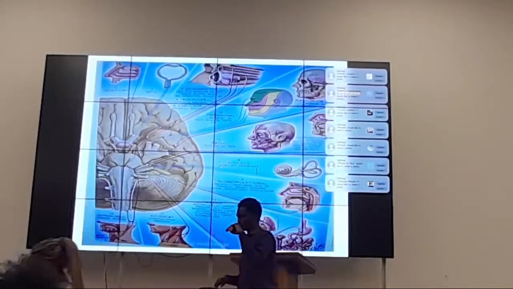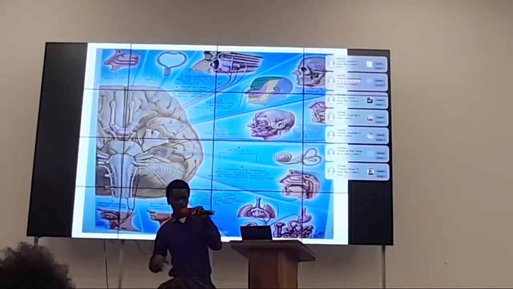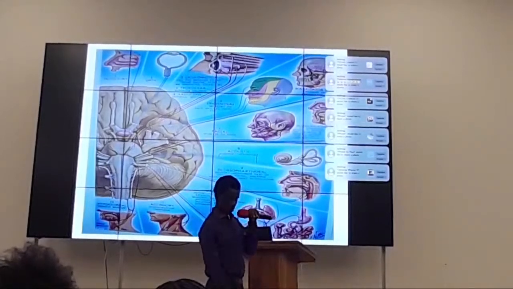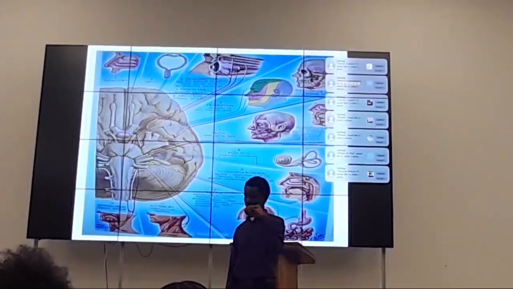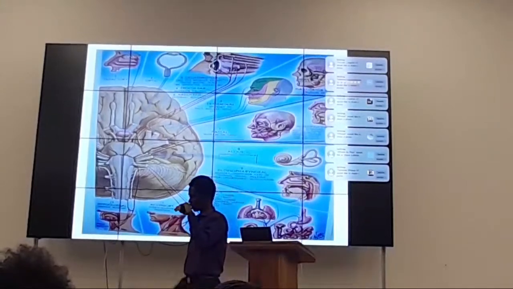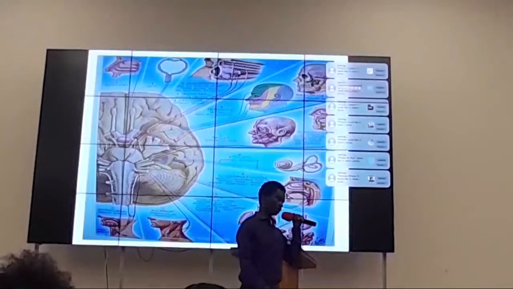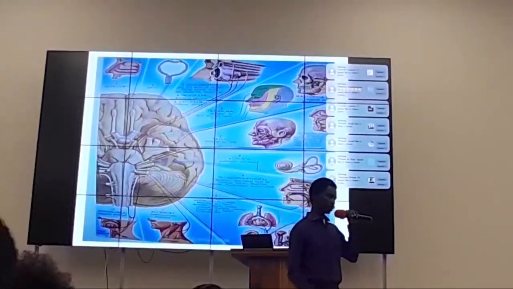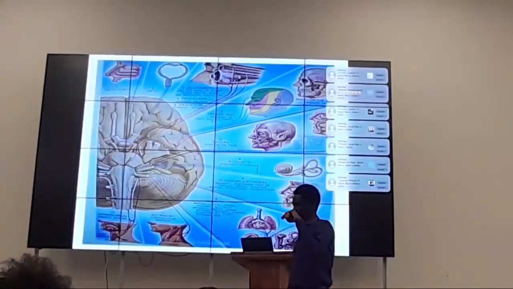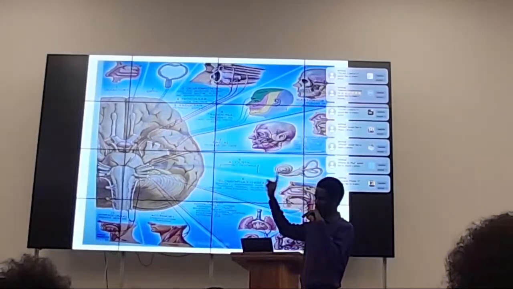Vestibulocochlear nerve, to control balance as well as hearing. Vestibular part is for balance. Cochlear part is for hearing. So it's two nerves in one, just like we have three nerves in one for trigeminal.